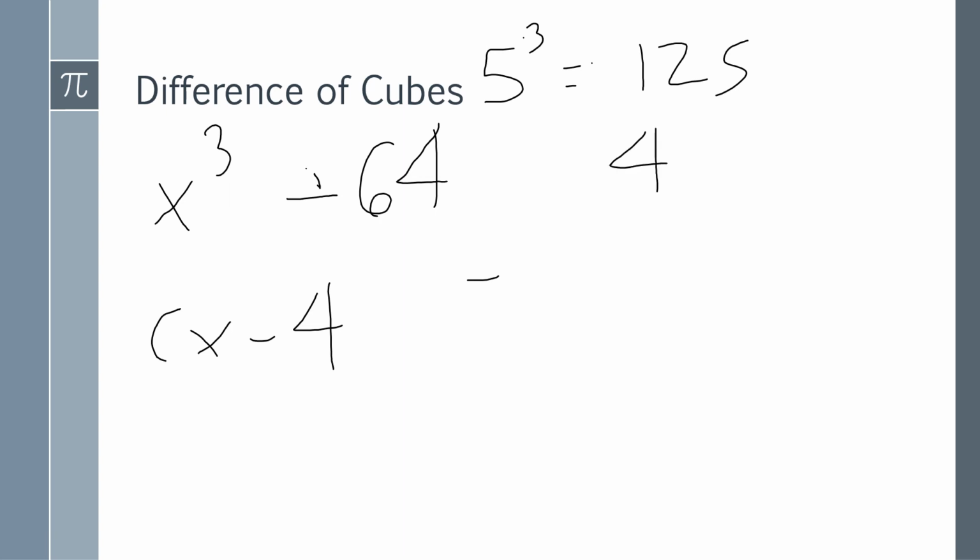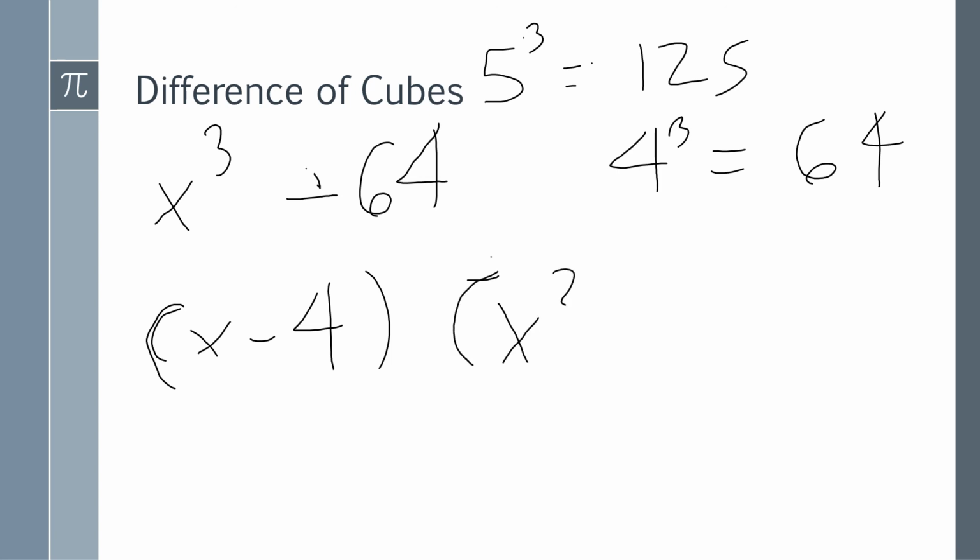So that's essentially 4 cubed. 4 cubed is going to give you that 64. So x minus 4 times x squared plus 4x plus 16. So you're going to do it just like that. And those are two things you will see on your test for sure.